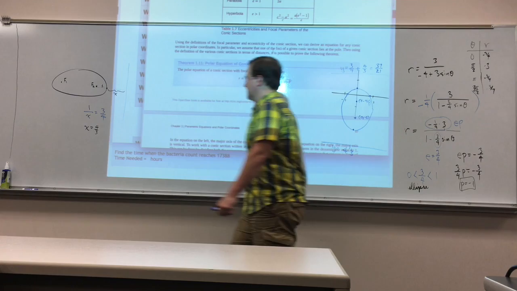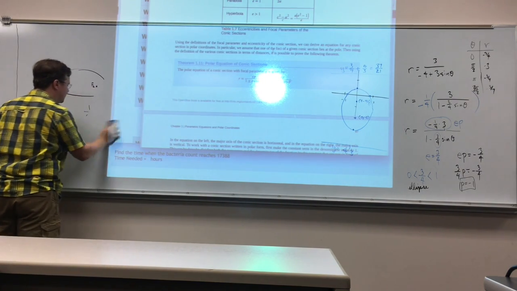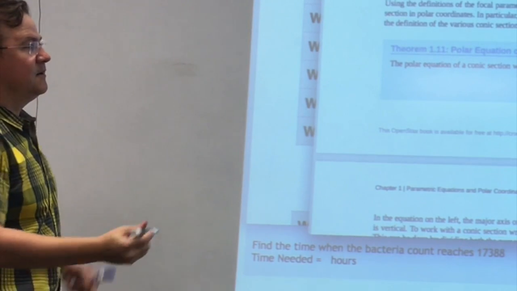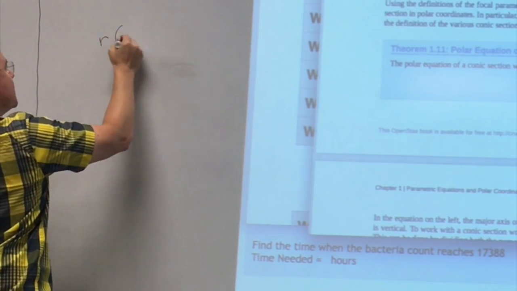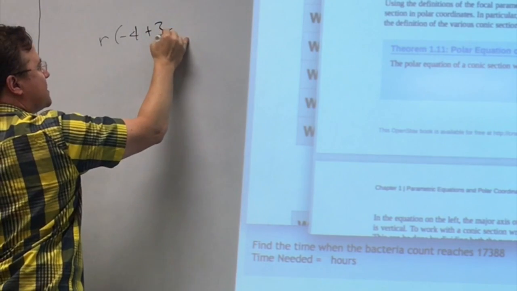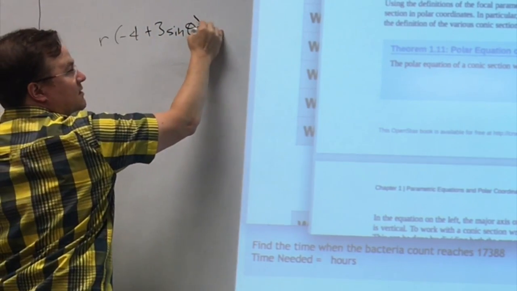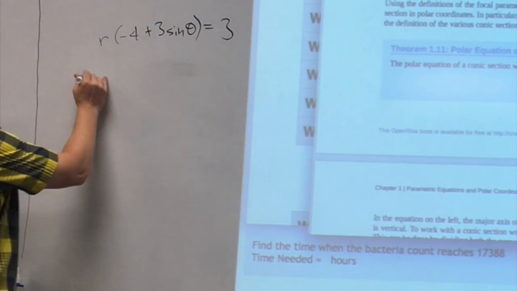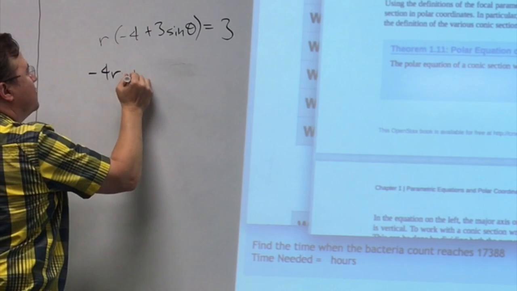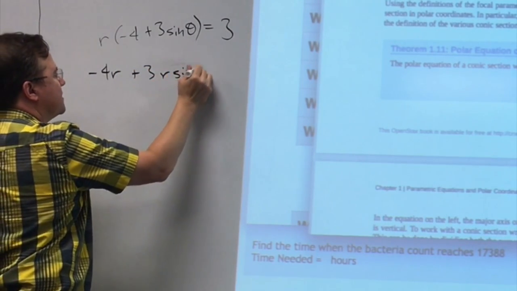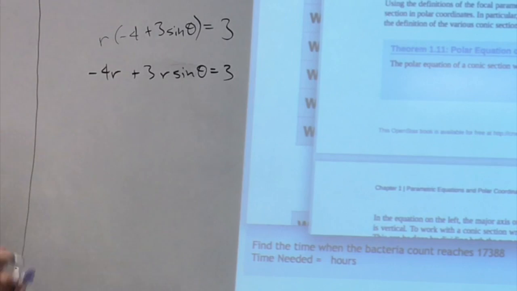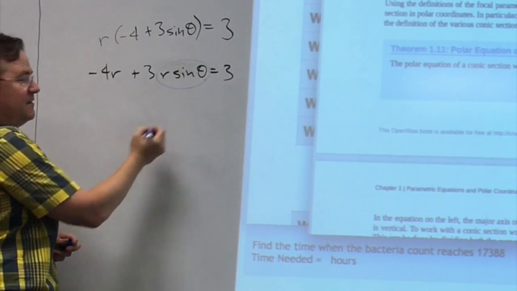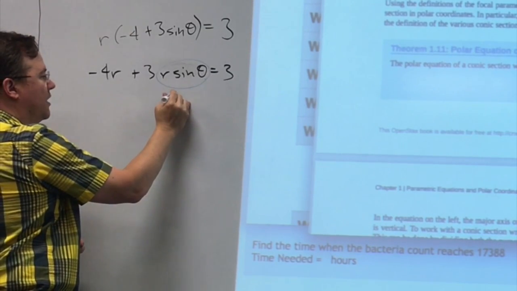Change theta to x, yeah, exactly. Notice, I could actually just say that r times (-4 plus 3 sine theta) is another way to do the same thing. So -4r plus 3r sine theta equals 3. I put it in this form because I know that r sine theta is y.